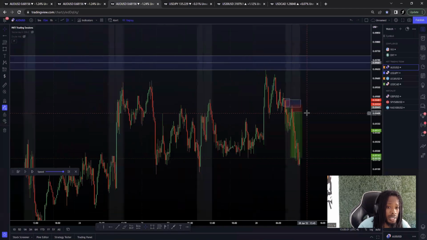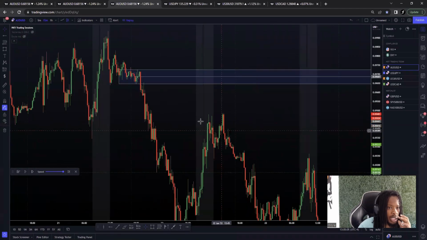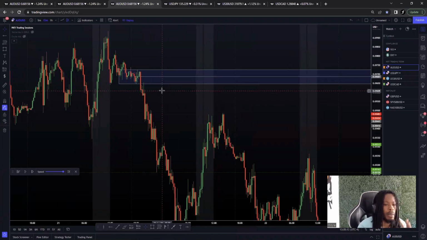I went to the 15-minute chart, and I wanted to see if I could make the zone smaller. This is what I've been doing recently, but it's still kind of the same thing. The 1 hour supply, I would keep the box the same, but I would put a line on the 15-minute zone.